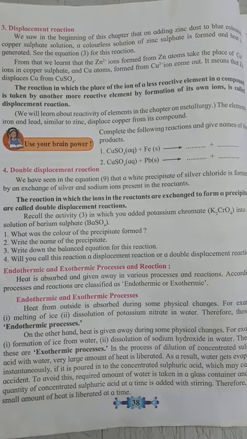As you know, copper sulfate solution is blue in color. When we add the zinc dust in that, after some time you will see that the blue color of copper sulfate disappears. Why? Because when we add the zinc dust in the solution of copper sulfate, then by the reaction zinc sulfate is formed, that is colorless.